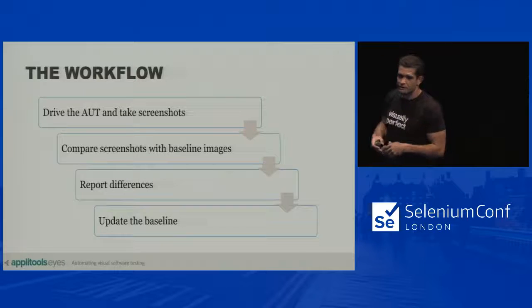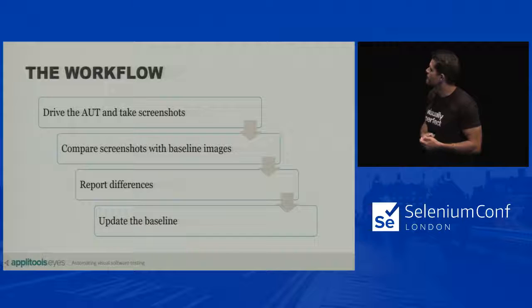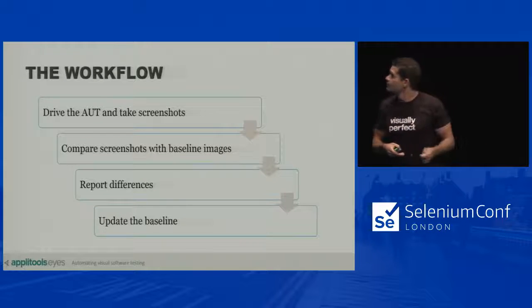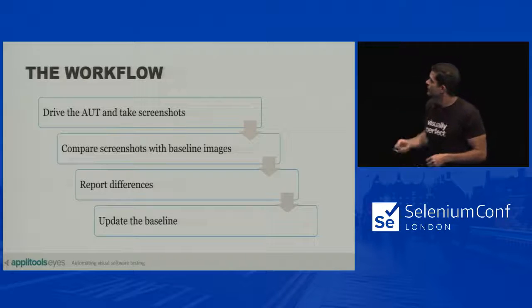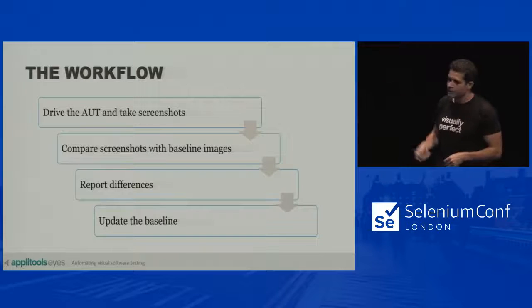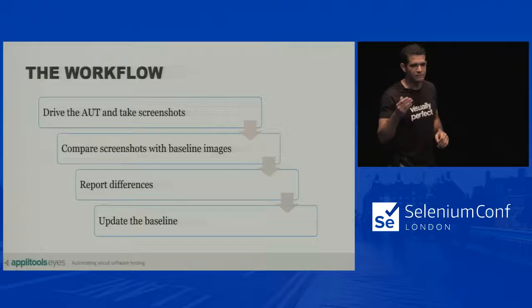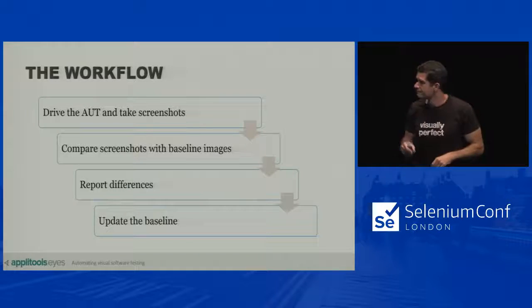Now, for those of you who are not familiar with these tools, the workflow is very simple. First, you drive the application that you're testing, and you get screenshots. Then the tool takes those screenshots and compares them with baseline images. These baseline images define the expected appearance of the application at each point in the test.